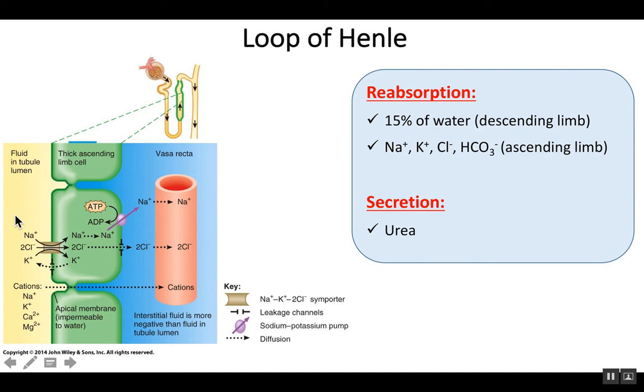And the whole purpose of a diuretic is to keep more water in the loop. Therefore, more water goes out the nephron. So if you keep these solutes in here, you'll keep water in here. And more water will stay in this loop. More water will be collected into the collecting duct.